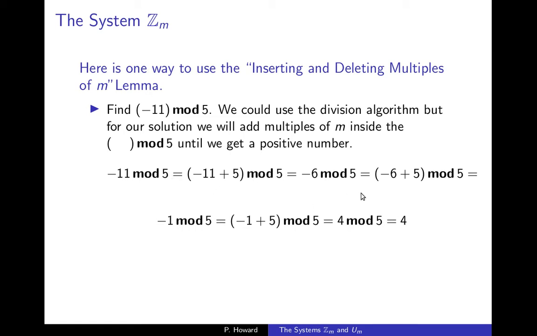Well, it took a long time to do this, but it doesn't take a very long time if you're doing the calculations mentally. And what I'm using here is the fact that for any integer k, non-negative and less than 5, k mod 5 will be k.